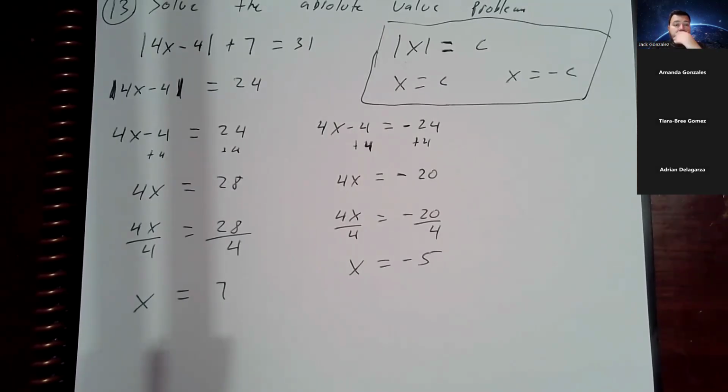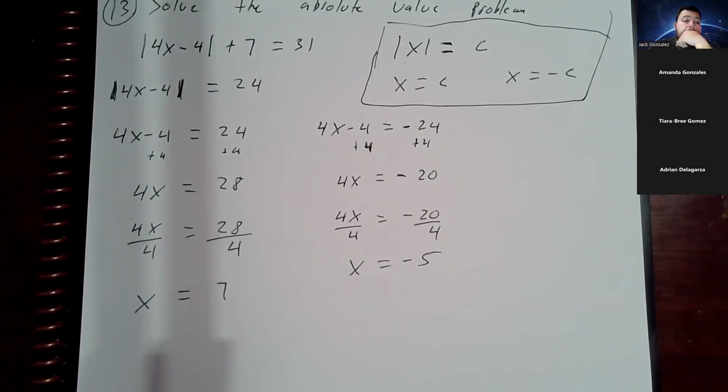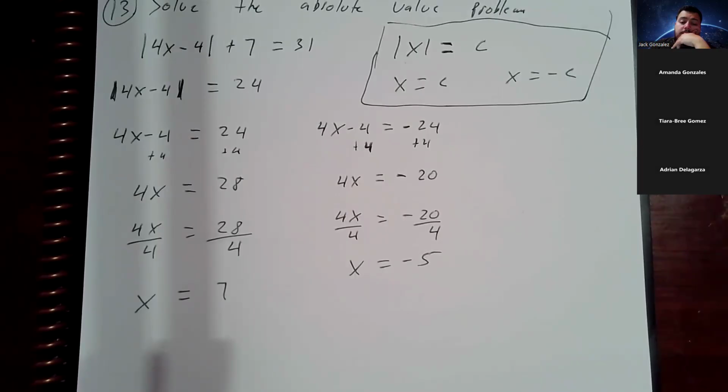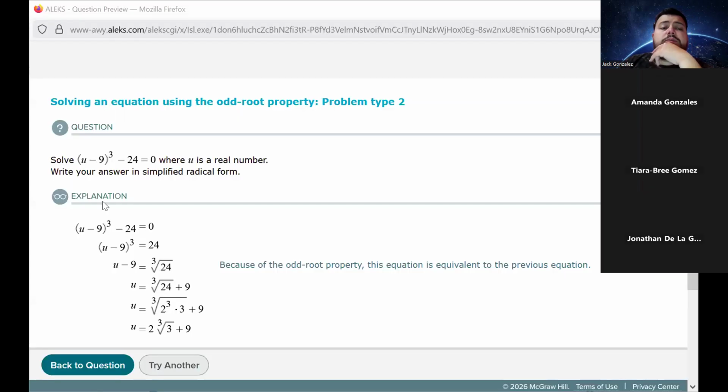Let me look at 14. Yeah, 14 is not that interesting. But we'll go over it real quick. We won't work this one out, but I want you to see the answer or how they do it. So it's very similar to the square root, right? We said if you want to get rid of the square root, then in this case it's a cube.